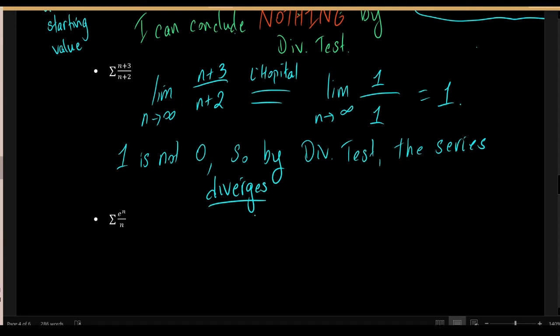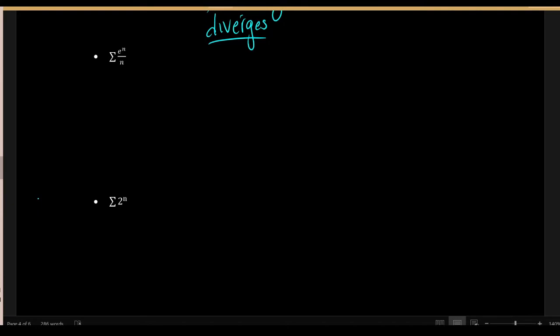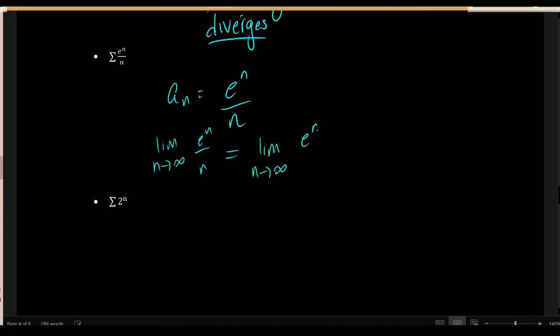Okay. Now let's have a look at the third series where the sequence is given by e to the n at the top and n at the bottom. Now, as n goes to infinity, once again, we can use L'Hopital's rule to take the derivative of the numerator and the derivative of the denominator.